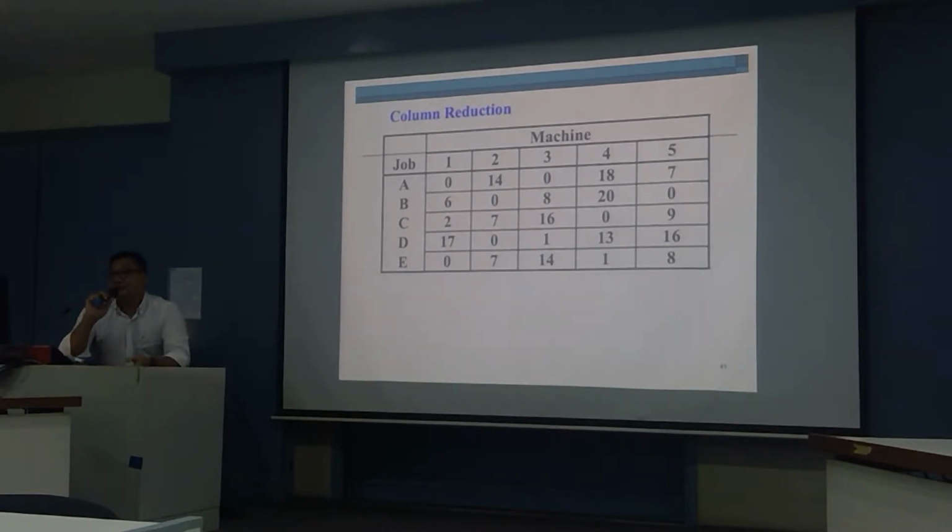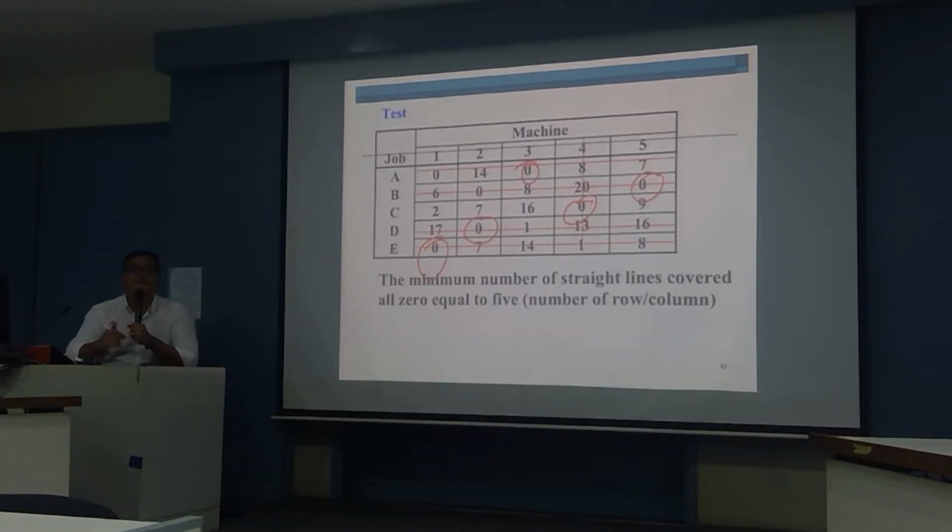We have 5 rows and 5 columns, right? So it's equal, so we're done. And this is the result: finally we assign job E to machine 1, job D to machine 2, job C to machine 4, job B to machine 5, and job A to machine 3. Okay, we're done. That's it.